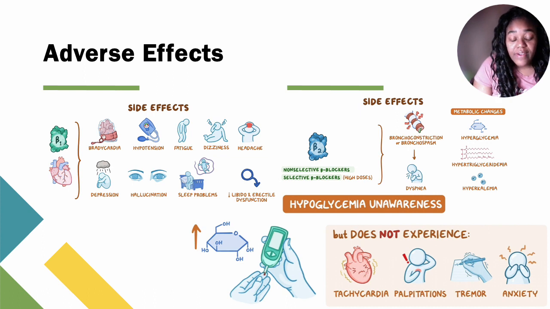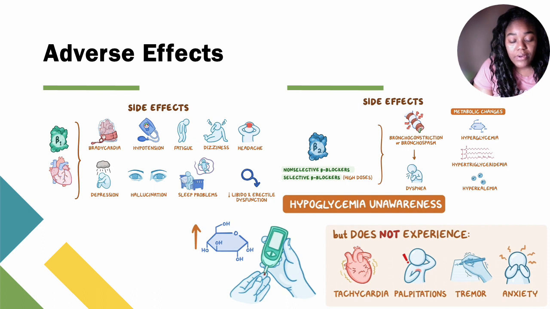But there's a very dangerous thing that we also need to look at, and that's called hypoglycemic unawareness. When the sympathetic nervous system is stimulated, you have an increase in your blood sugars. That's to help with energy, to help with the fight or flight response. Well, when you take beta blockers, it has the reverse effect on your blood sugars.